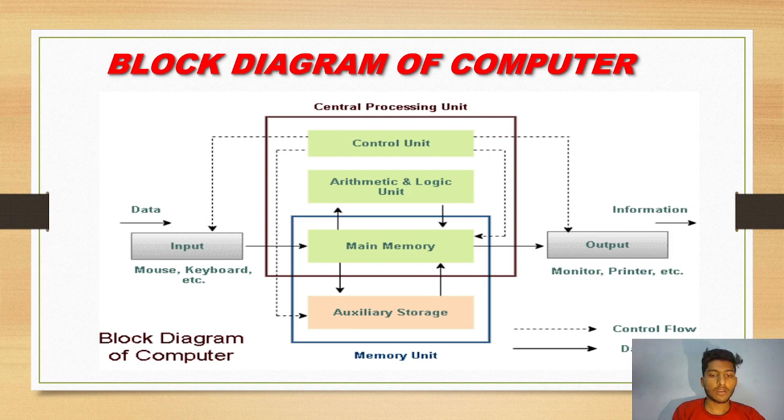Then the programs and data go to the control unit, where all the calculations are done in the arithmetic logical unit, and then to the output. The output is shown on a monitor. The user's instructions give output on the monitor and the printer.